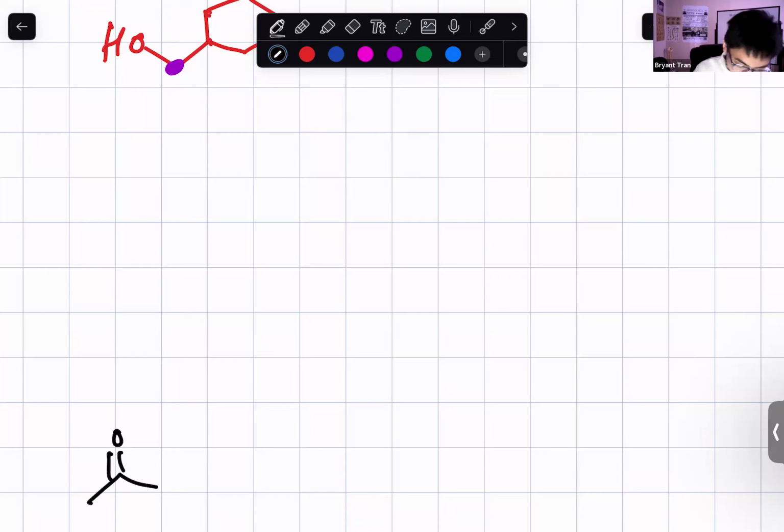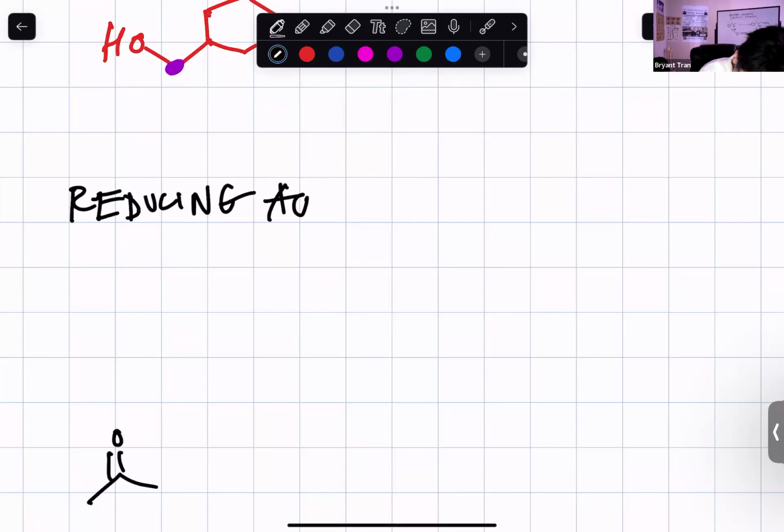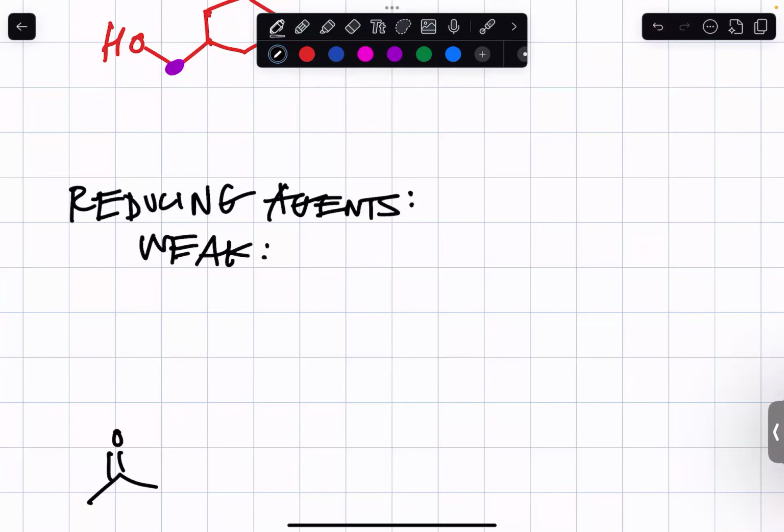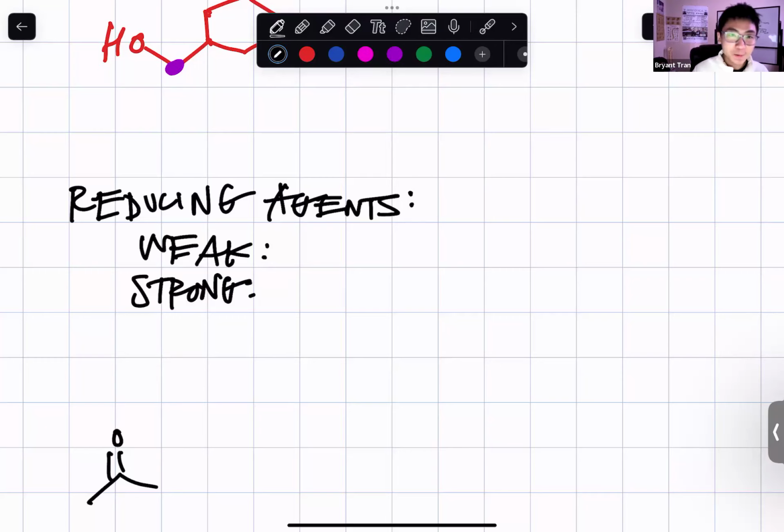So the reducing agents, there's going to be two of them. There's a weak one and a strong one, just like the oxidizing agents. So the weak one would be sodium borohydride, NaBH4.